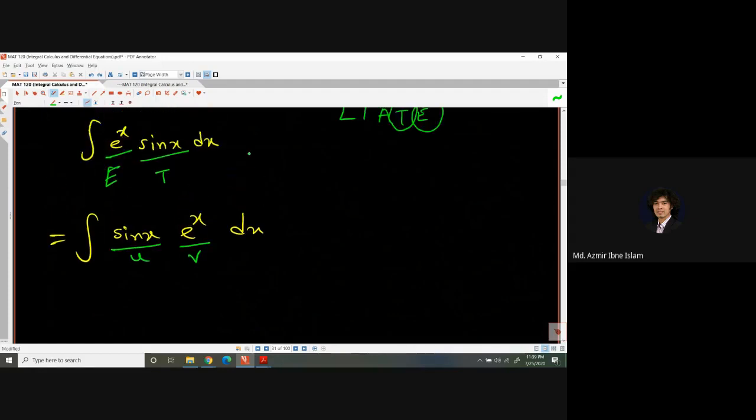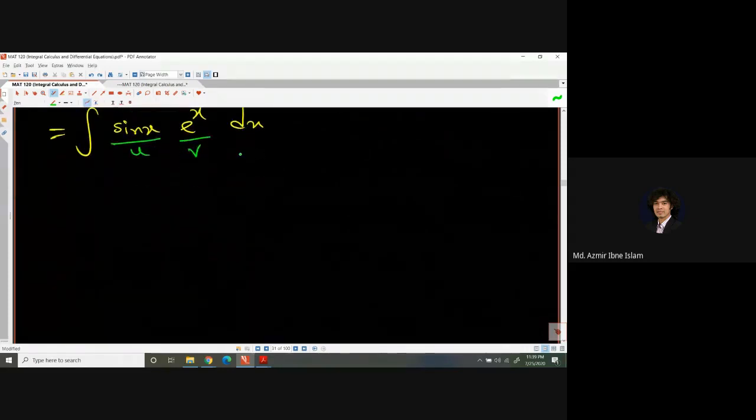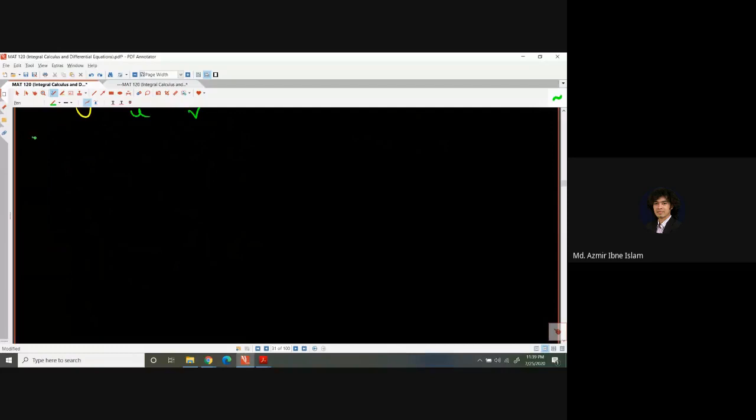Okay, so let's try to understand what integration by parts is. Integration by parts, that is the integration of uv dx, we have one specific formula. Suppose we have figured out which function will be u and which function will be v according to the LIATE form.